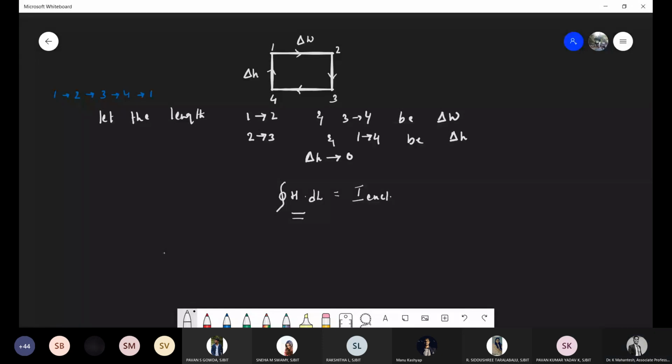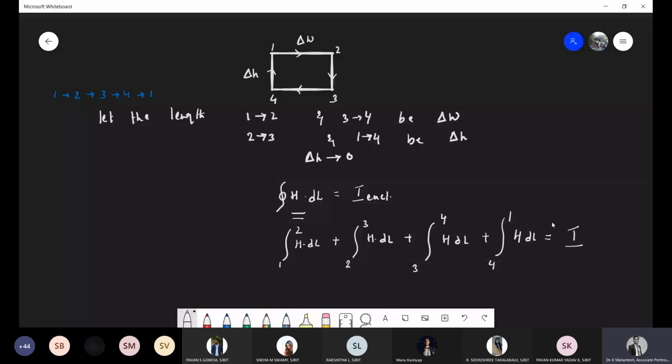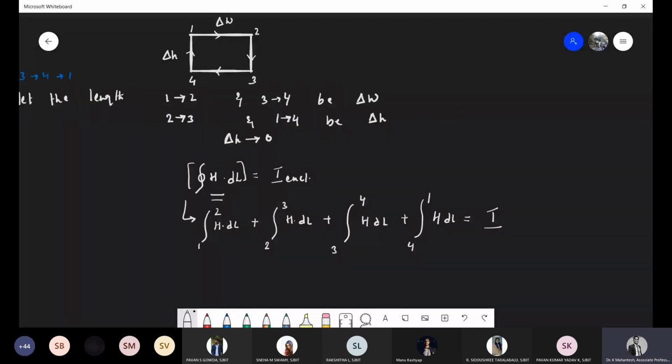So this will be the integral from 1 to 2 of H dl, plus 2 to 3 H dl, plus 3 to 4 H dl, plus 4 to 1 H dl, which is equal to total I. The entire integral can be broken into 4 different paths, which is equal to I.